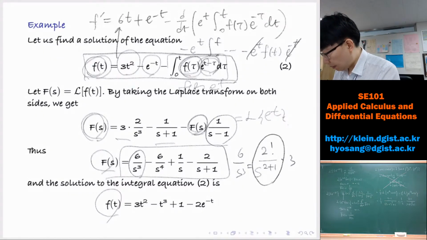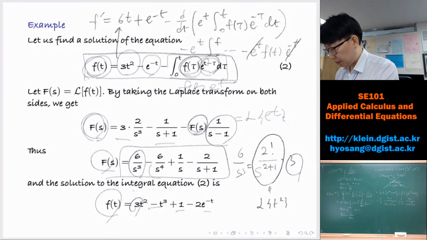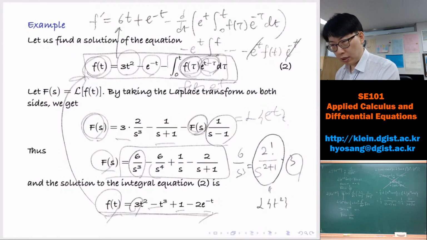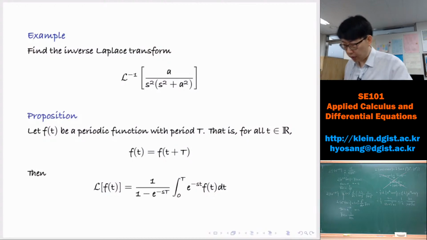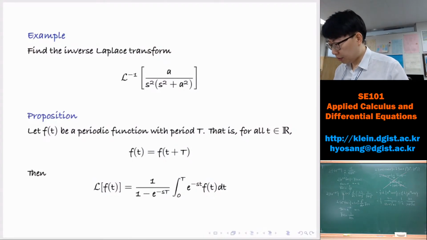So this is the Laplace transform of t squared, and 3 is multiplied as a coefficient, so we have 3 here. And then do the same thing for the other factors. So this is our result. If you replug this formula into the equation, you see this is a solution to this equation. So sometimes you need an integral equation, not a differential equation. That's also the upshot of the Laplace transform.